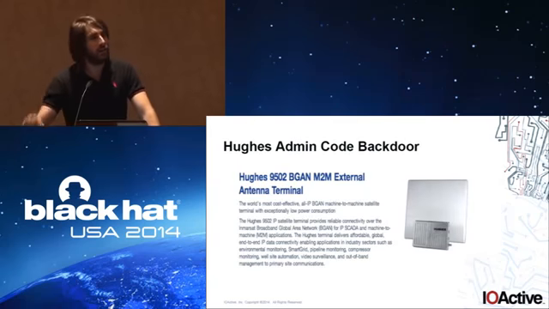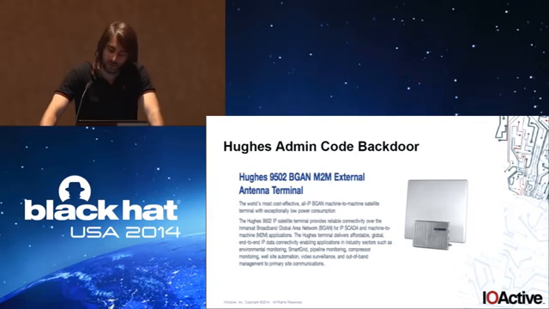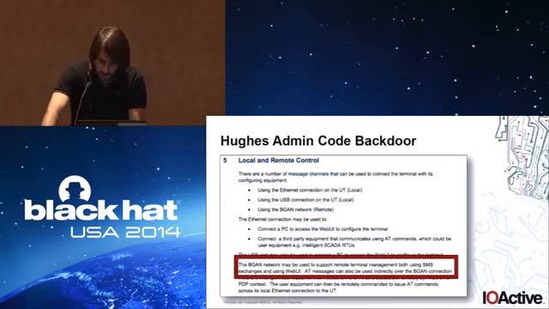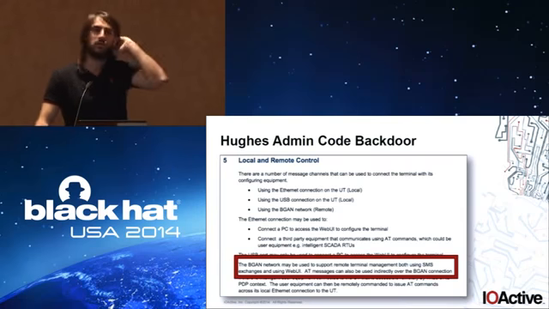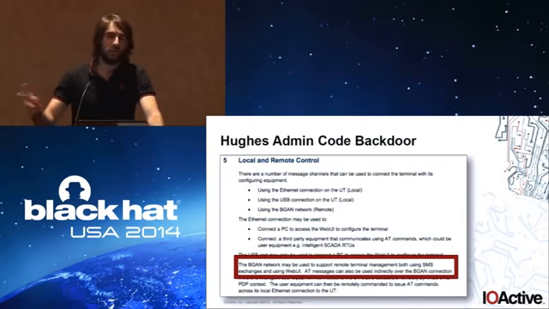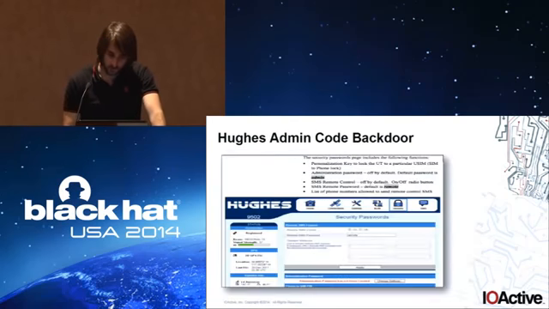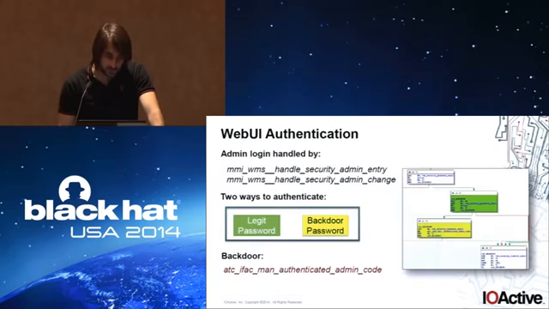For example, in the Hughes terminal used for SCADA and machine-to-machine operations. So basically, you can configure that terminal from a remote location in two ways, through an SMS or through a web interface. You need a password to access those interfaces.